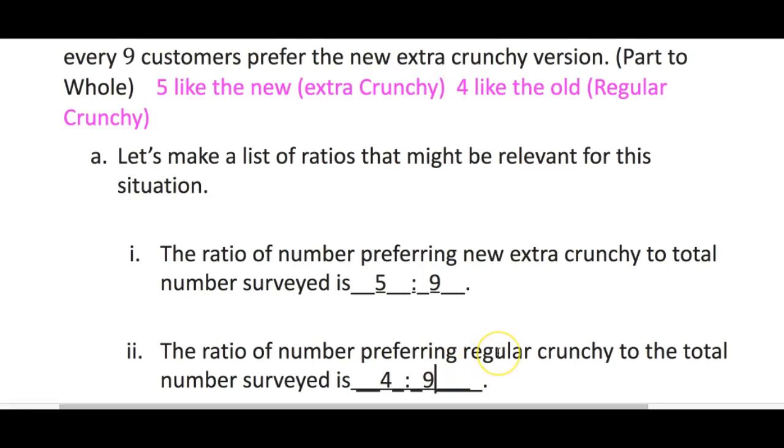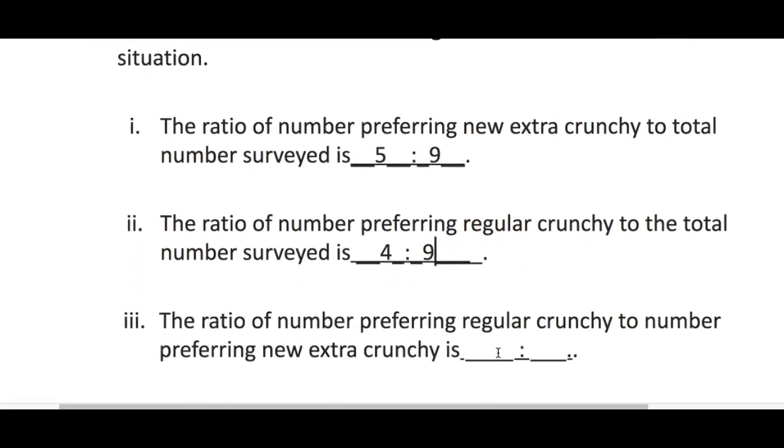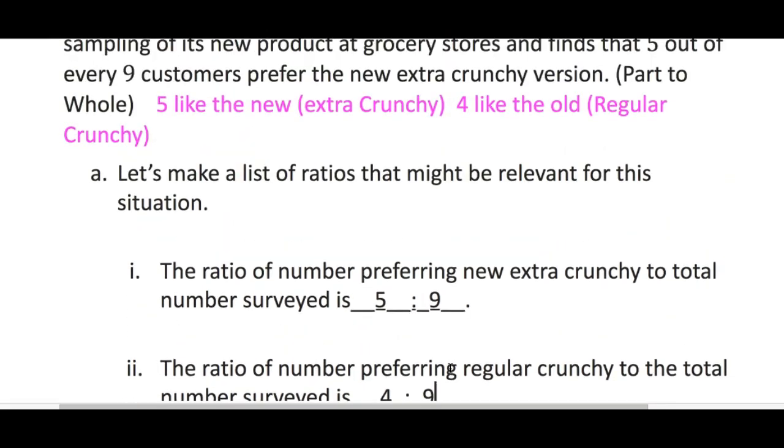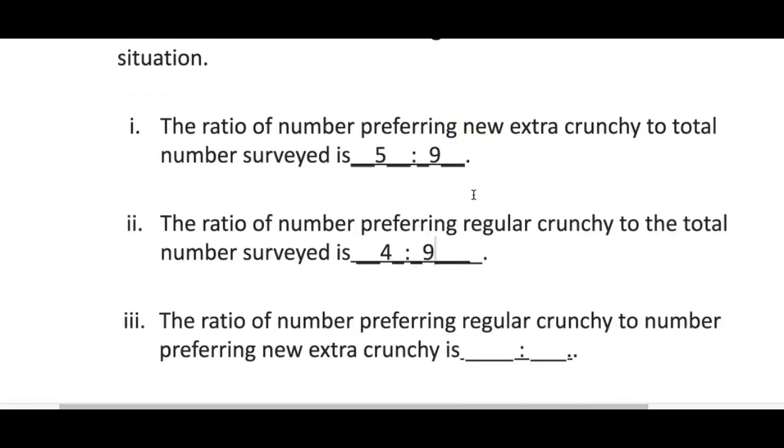All right, we're doing pretty good. Part C says the ratio of number preferring regular crunchy to the number preferring new crunchy is, if we come back and look over here, regular crunchy to the new crunchy, it would be 4 to 5.